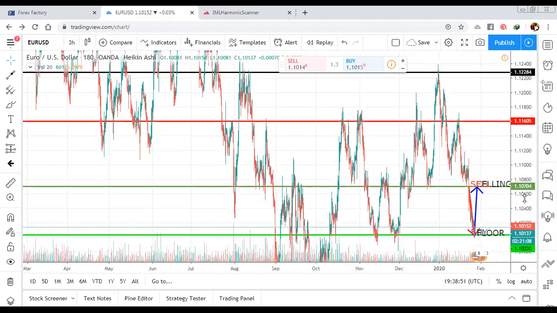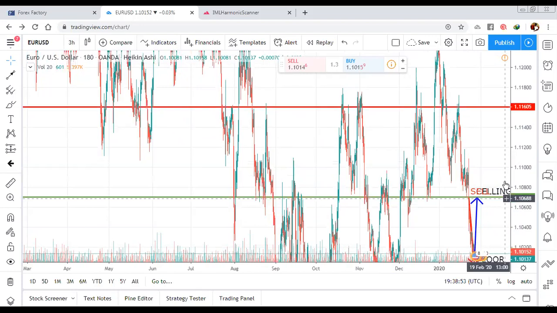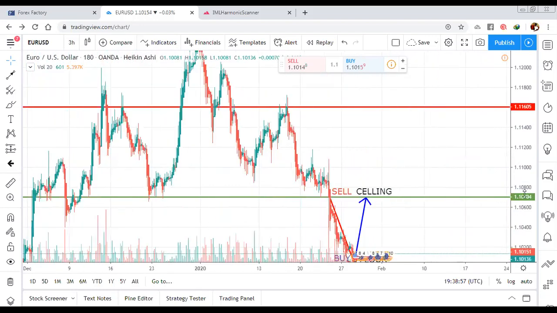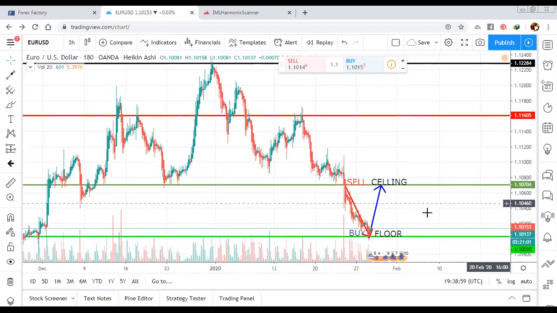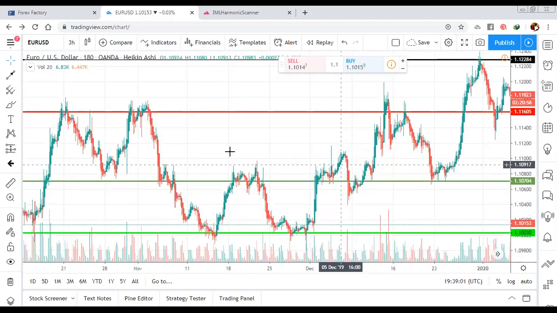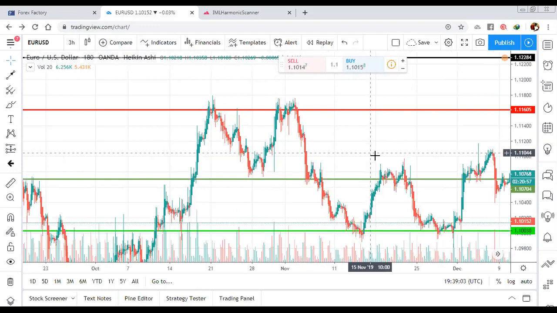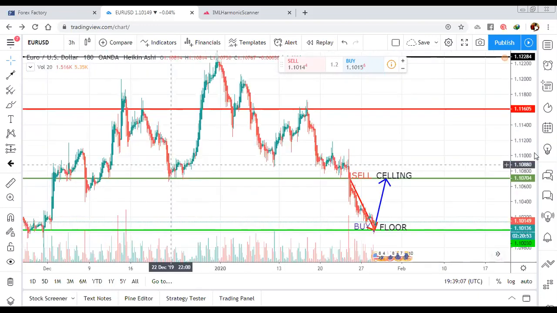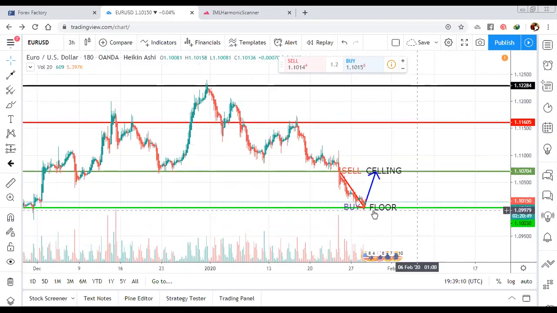That's why whenever you are trading Forex, you also have to look at what has happened in the past. We call it price action. As you can see, the market is going up and down, up and down. It always respects some zones or regions.